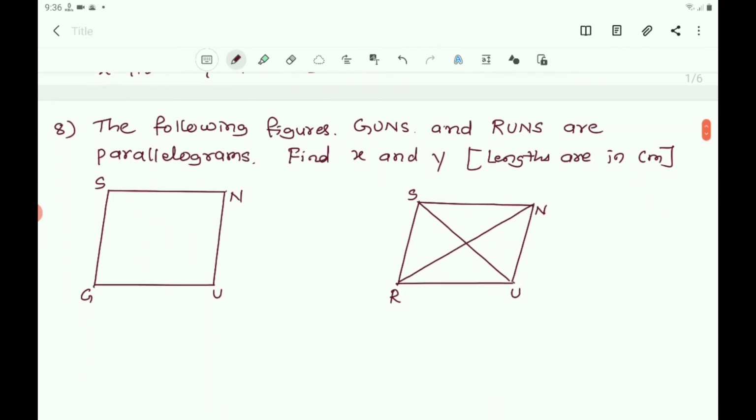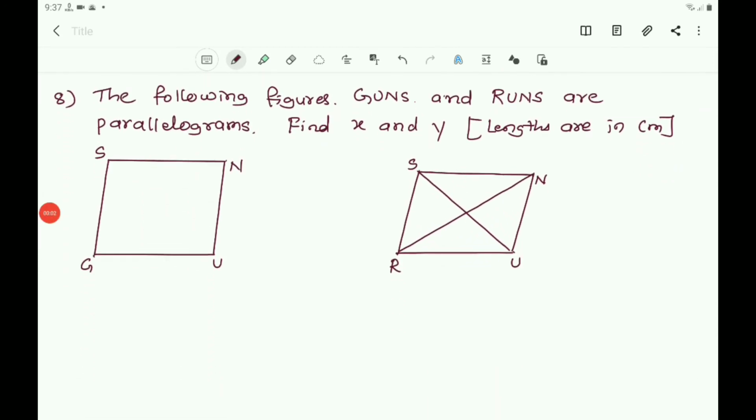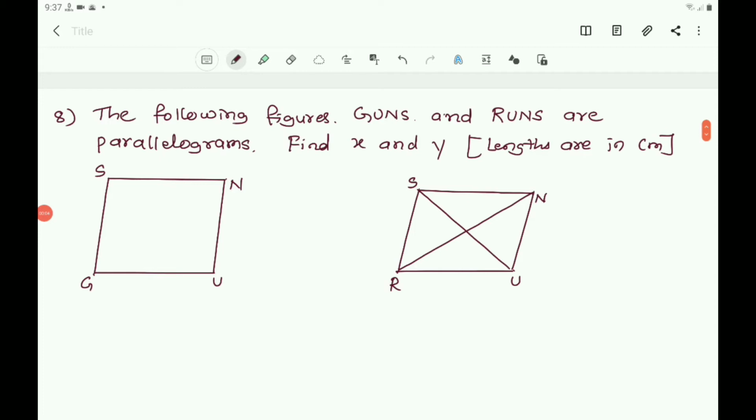Next you take the 8th question. The following figures GUNS and RUNS are parallelograms. Find x and y. Here the lengths are in centimeters. Now in the first parallelogram GUNS, it is given that SN is 26 centimeters and GU is 3y minus 1 and SG is 3x and NU is 18.